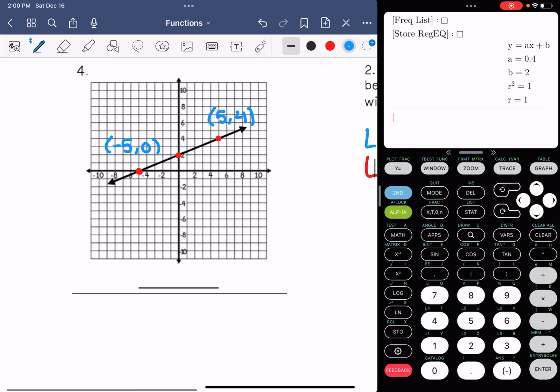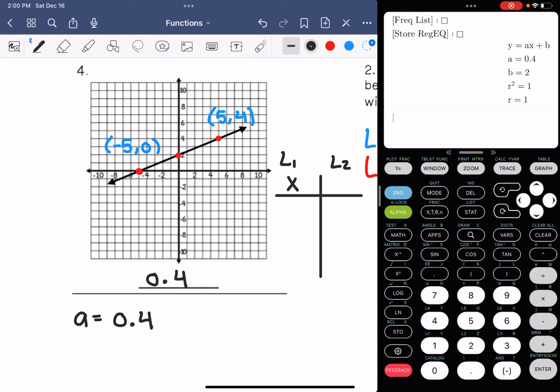And we get our A value again, our slope again. 0.4 is our rate of change. Again, very important when you're only typing 2 points in that you keep your X's and your Y's separated on L1 and L2, X and Y. Putting our X's on one side, putting our Y's on the other.